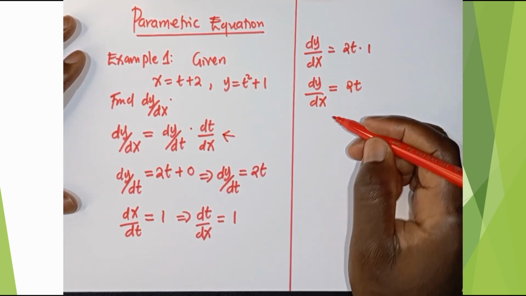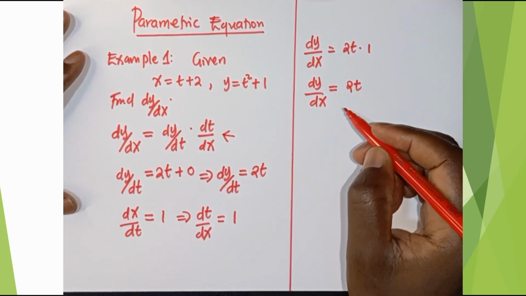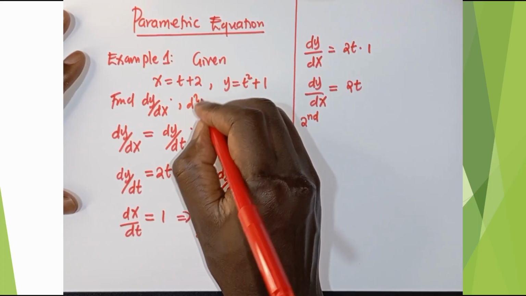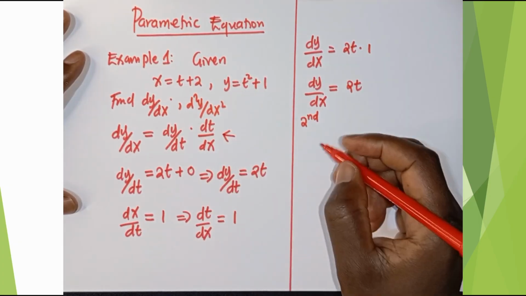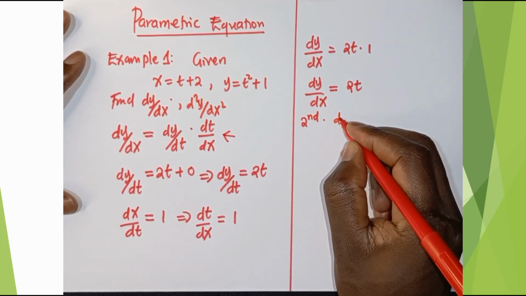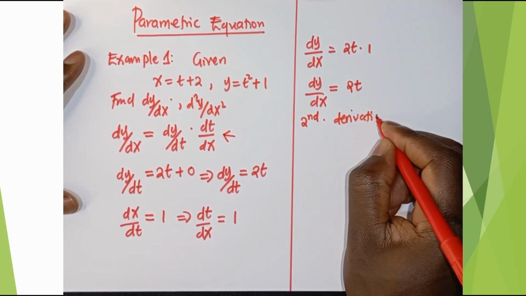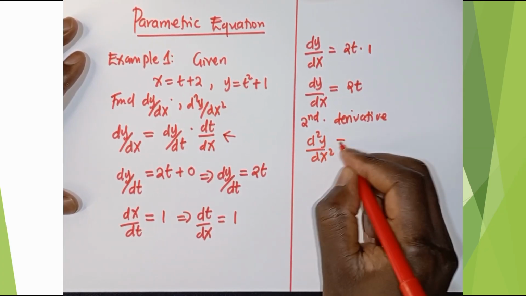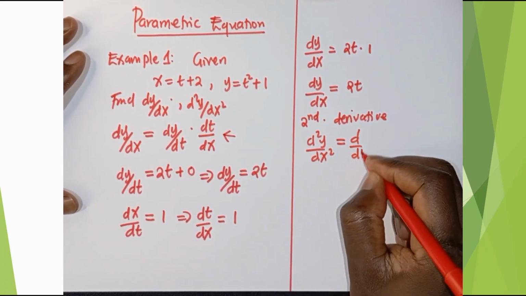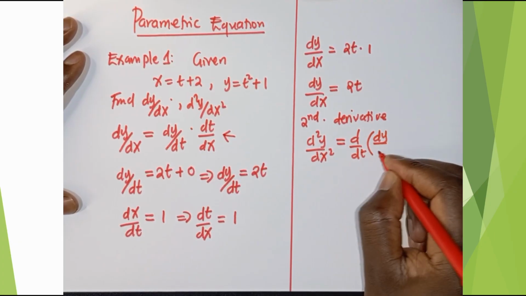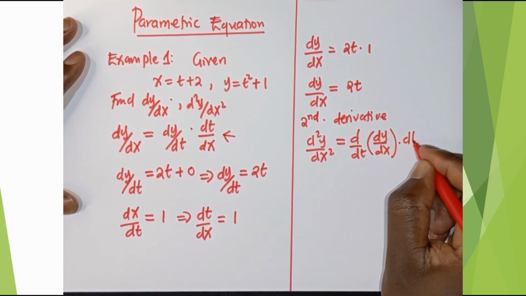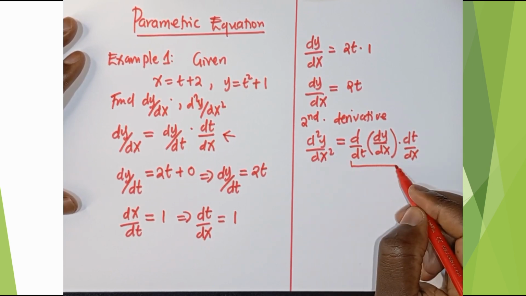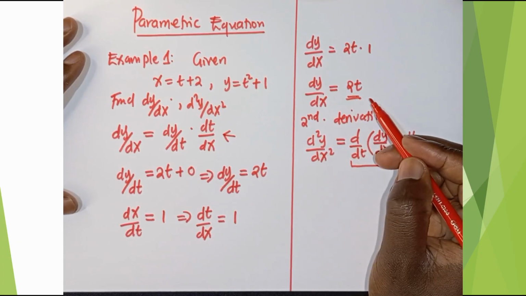Now if we are also asked to get the second derivative, how do we get it? We said the second derivative is obtained by differentiating the first derivative with respect to t, and then multiplying by dt by dx.